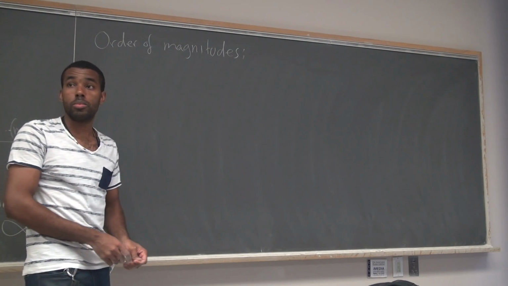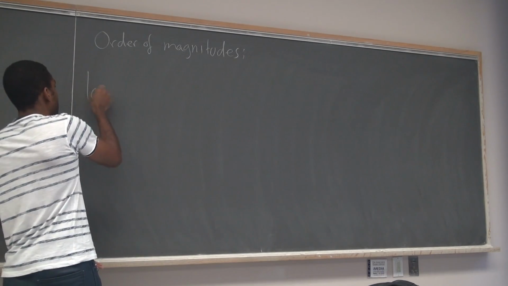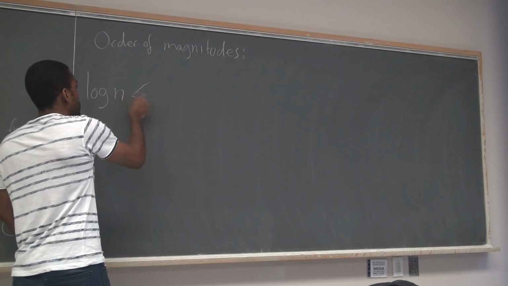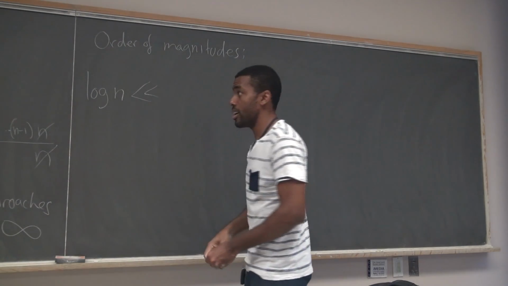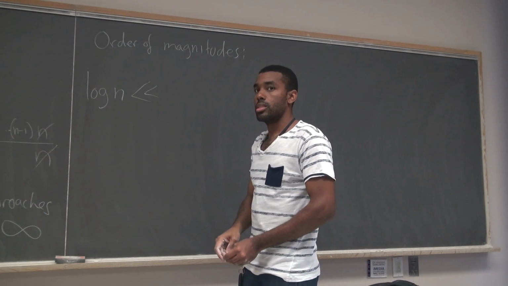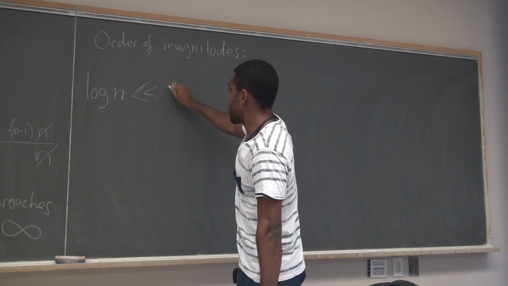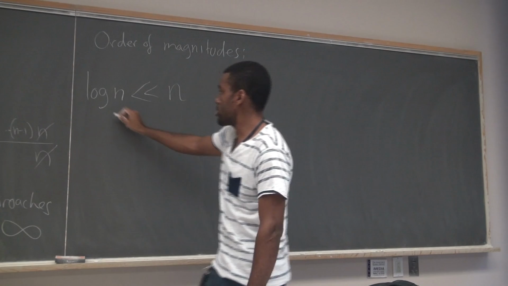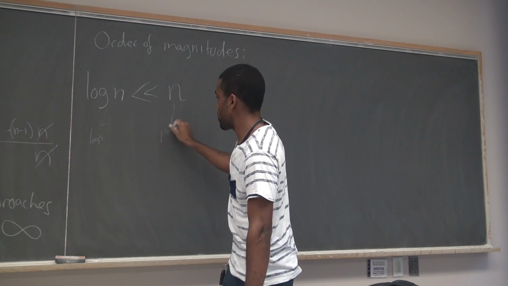Something like log n would be super smaller than who? Who's the next guy up? n, right? The polynomial. This guy represents logs, this guy represents polynomials.